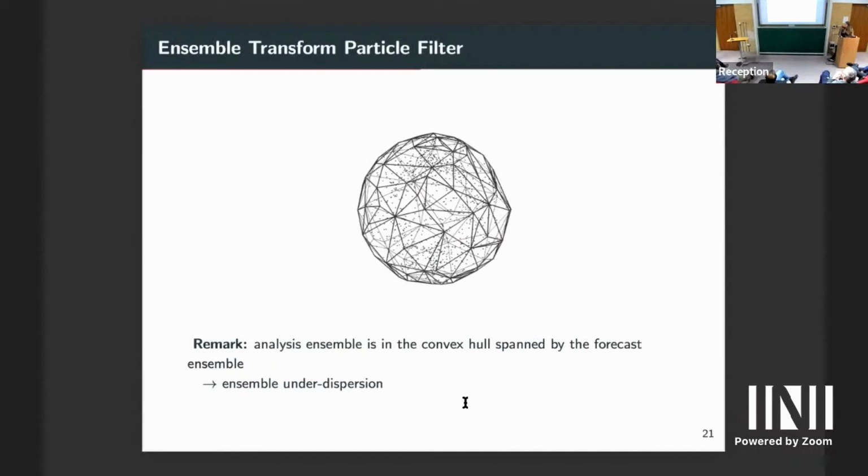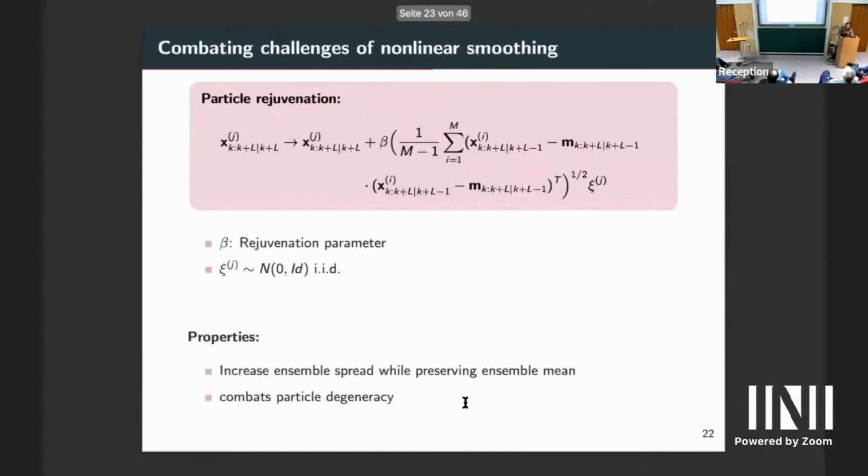But let's talk about the problems. Of course, there are many problems apart from being computationally hard. First of all, you're underestimating the spread. This is typically also a problem of ensemble Kalman filters. So you're always underestimating the spread, and what people do is they inflate or rejuvenate, because you kind of need to increase it.